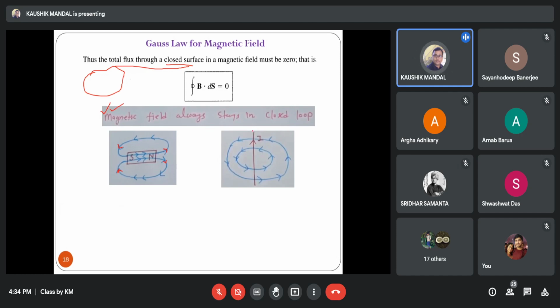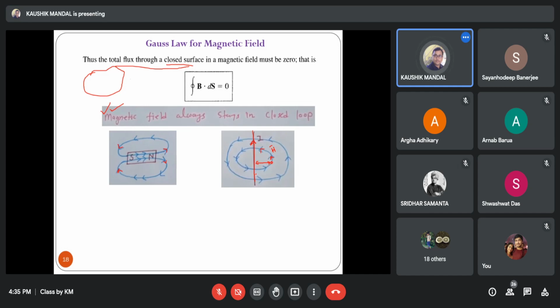Now, if we consider a current carrying conductor carrying current in the upward direction, then applying the right hand rule and Biot-Savart law, a magnetic field will be induced, and its direction, the magnetic field intensity H, will be anti-clockwise as per the right hand thumb rule, at a certain distance R.